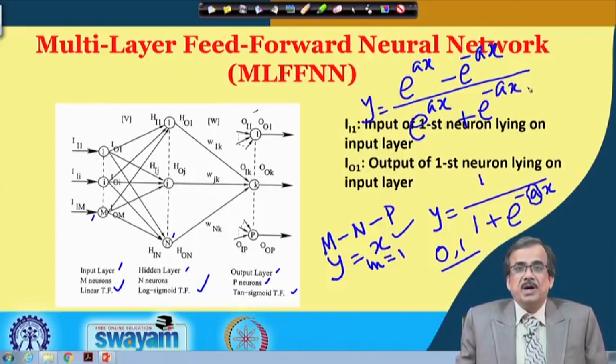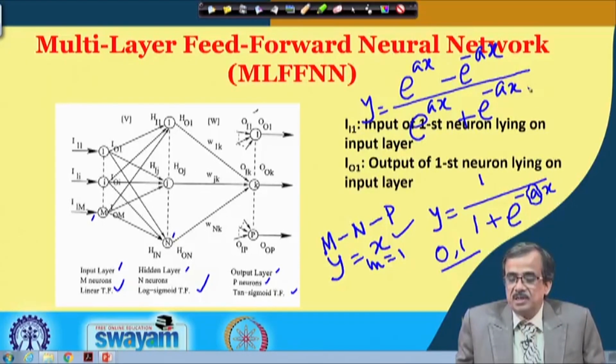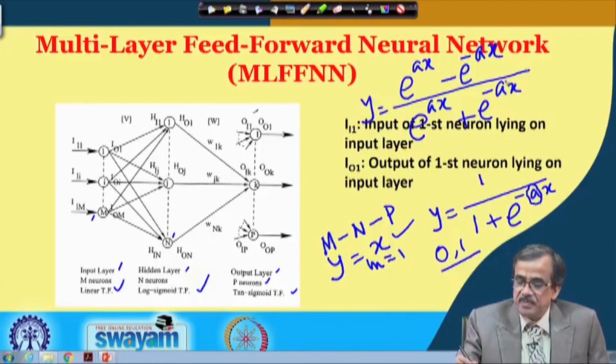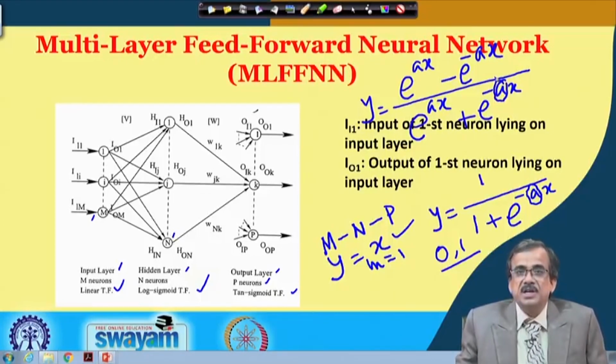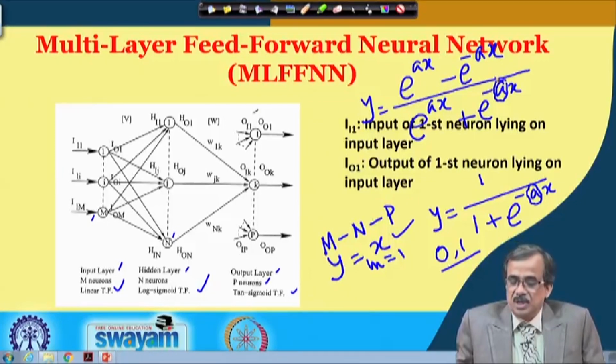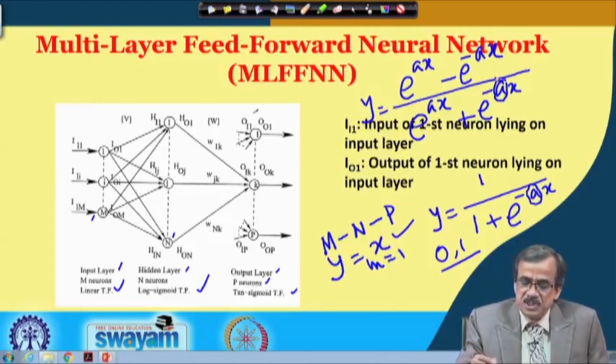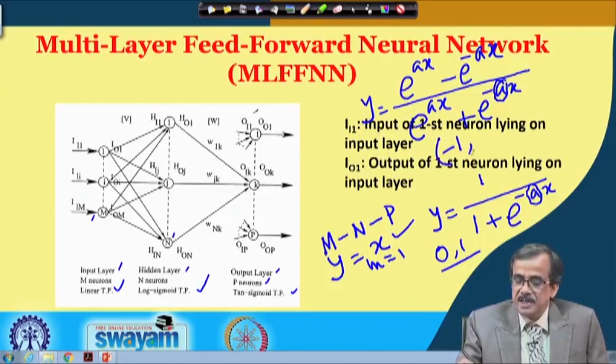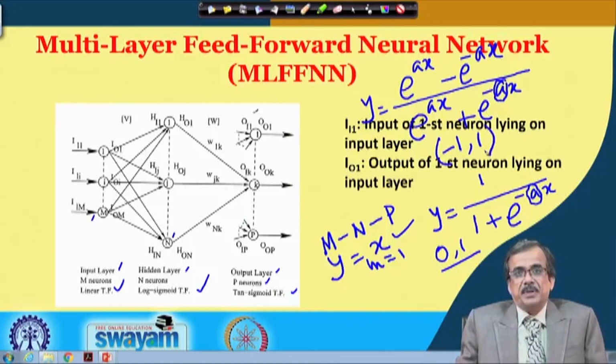So, this is nothing but the tan sigmoid transfer function, and once again the coefficient a indicates the slope of the curve. Now, the range for this particular tan sigmoid transfer function varies from -1 to +1.